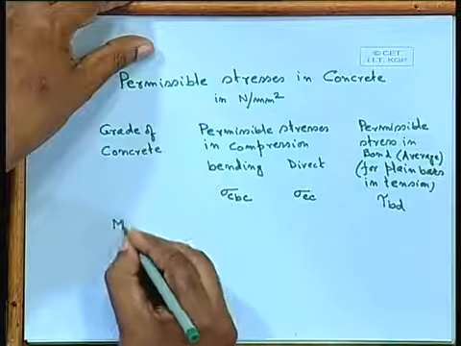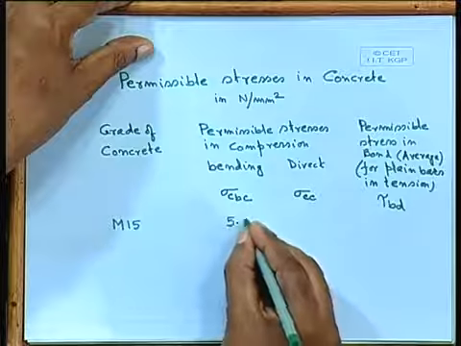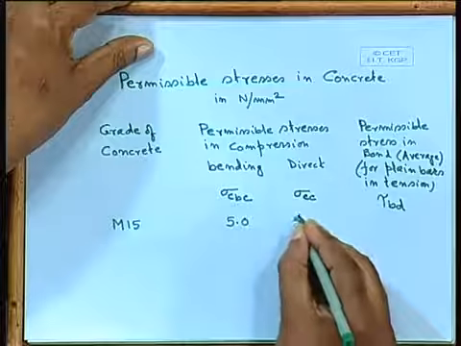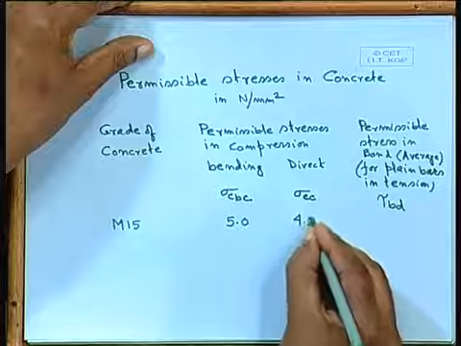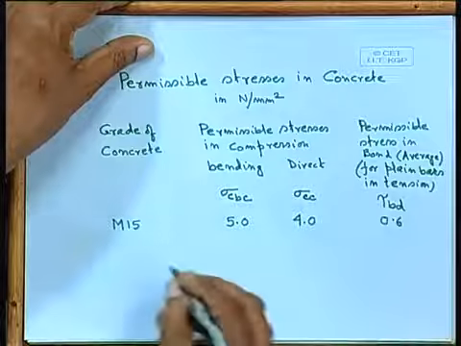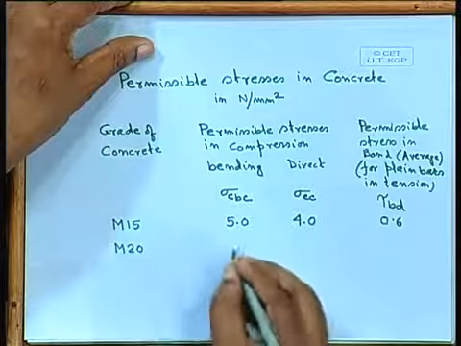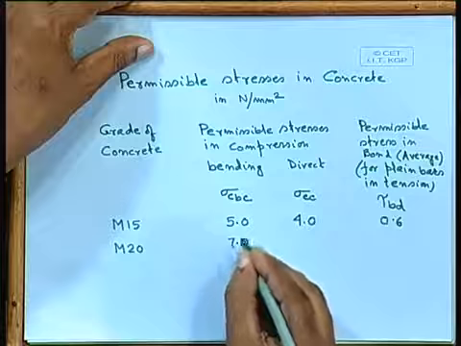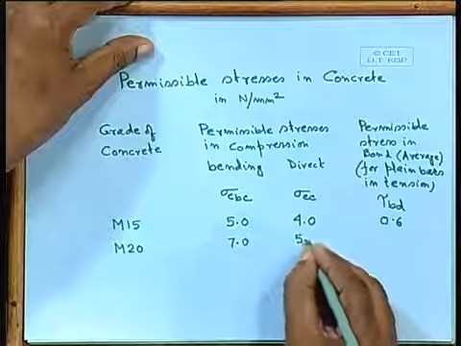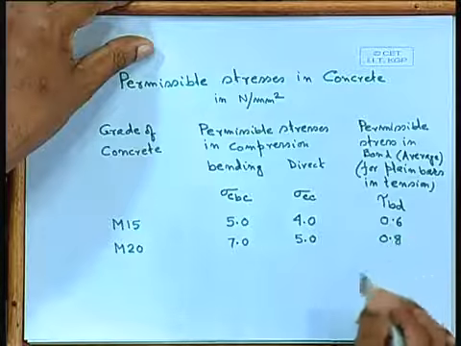For M15, it is 5.0, direct compression it is less, 0.6. M20: 7.0, 5.0, 0.8.